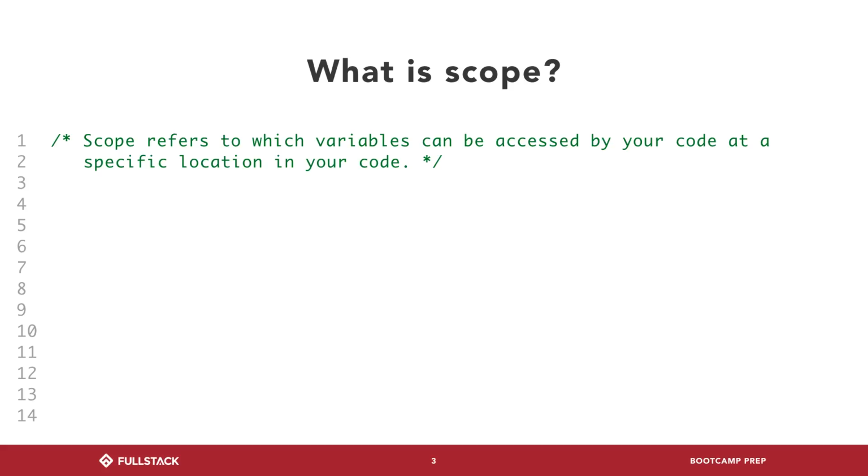Okay, so what is scope? Scope, the short definition on the board, refers to which variables can be accessed at a given place in the code. Yesterday when we were talking about error messages, one error that we saw was called reference error. It's like saying, hey, you're trying to use a variable that you haven't created yet. The two main reasons for that error: one is you legitimately did not create that variable, so you're trying to use something that does not exist.